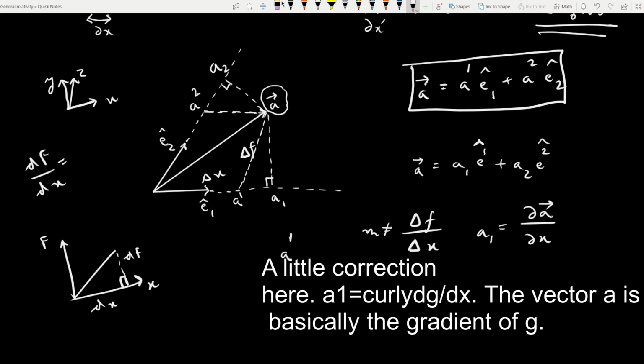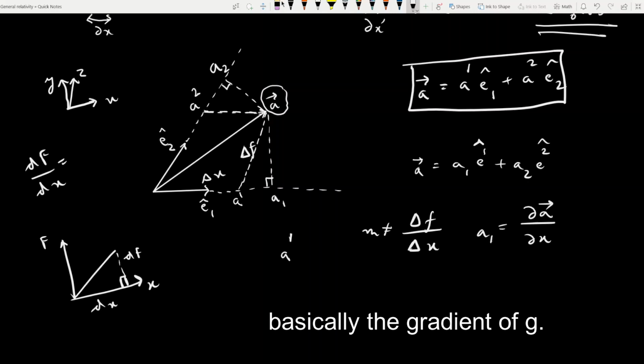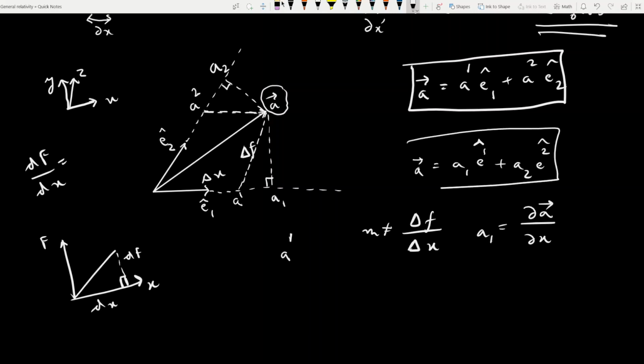Why covariant? Because gradient vectors are always covariant vectors, right? So if A was a gradient vector, then it could be written as A equals A1, where 1 is the subscript, e1 hat, plus A2 e2 hat.